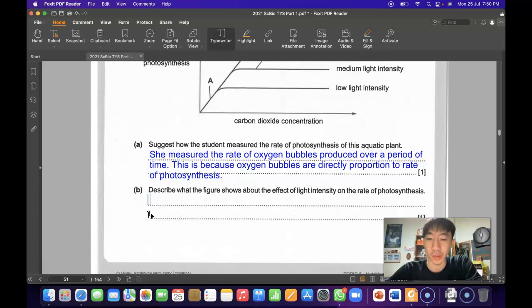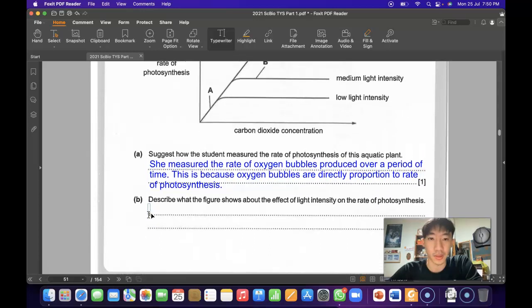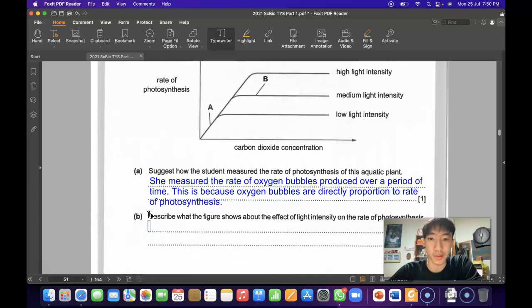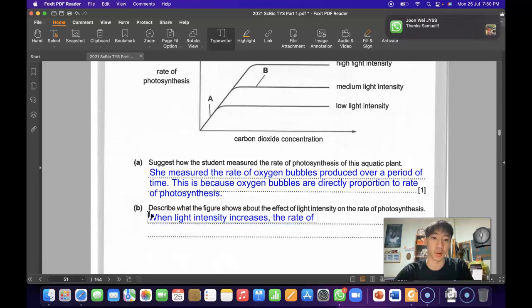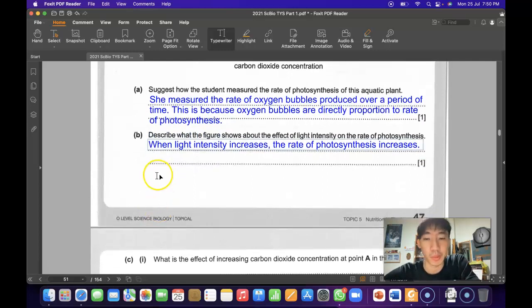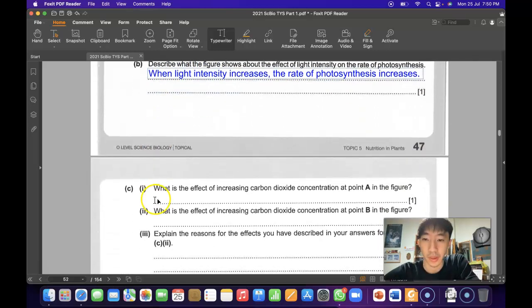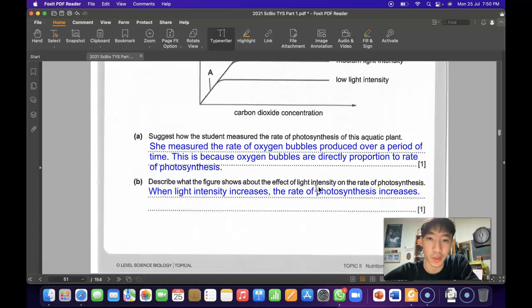Okay, describe what the figure shows about the effect of light intensity on the rate of photosynthesis. It's quite a simple question. When light intensity increases, the rate of photosynthesis increases. Just a very easy standard statement. Everybody should know this. What is the effect of increasing carbon dioxide concentration at point A in the figure?